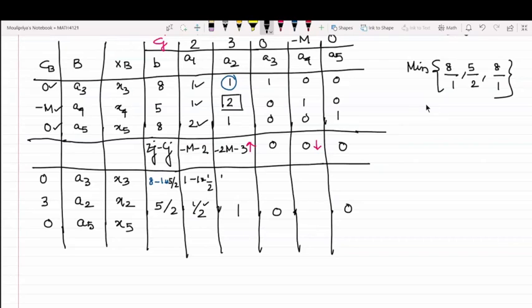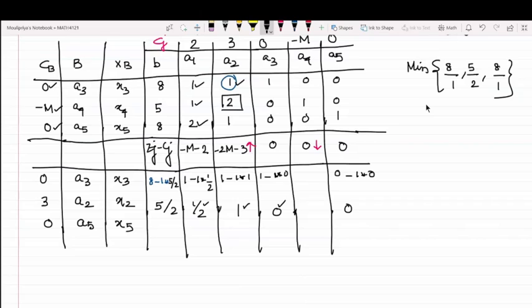This would be 1, it was initially 1 minus this one into what we got. This would be 1 minus 1 into 0. And this would be 0 minus 1 into 0. Am I okay with this?